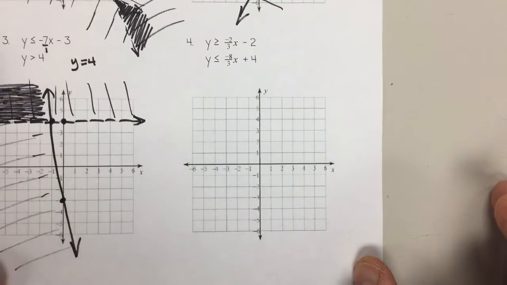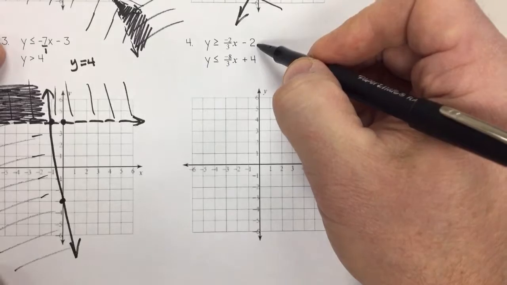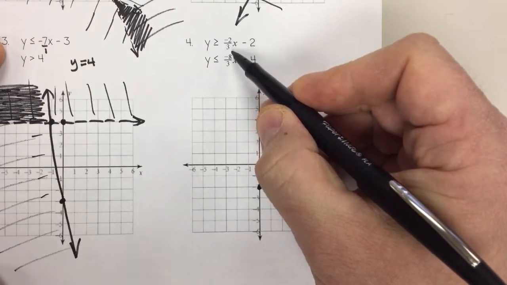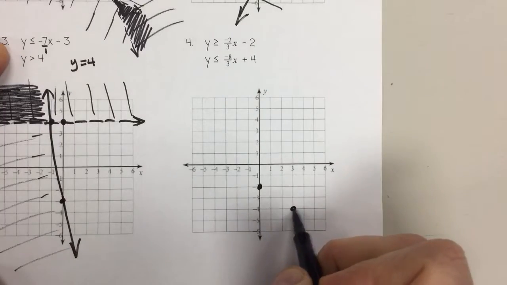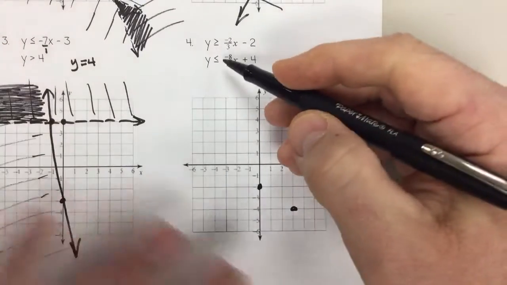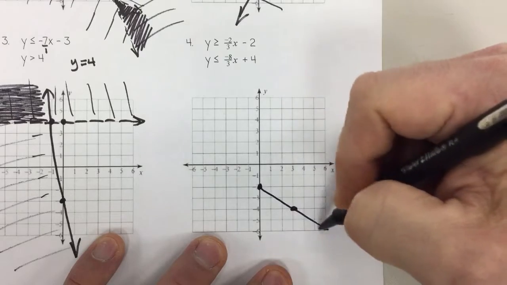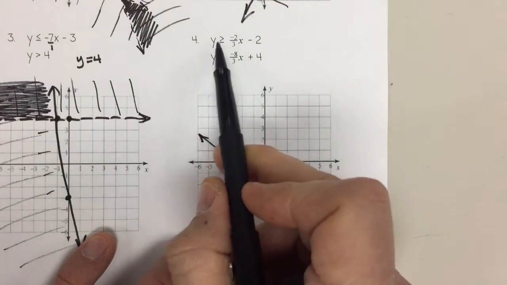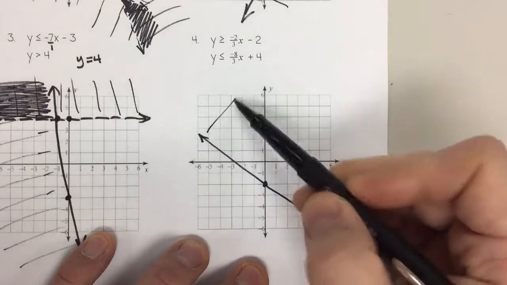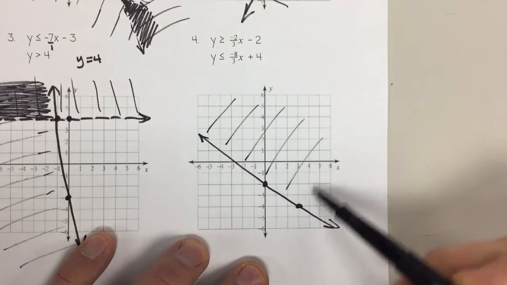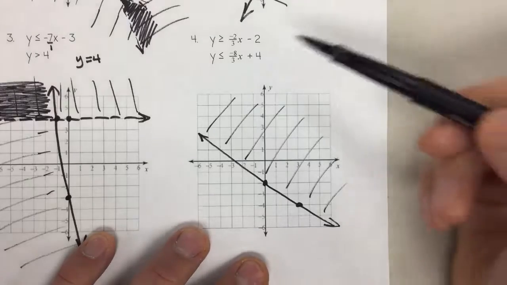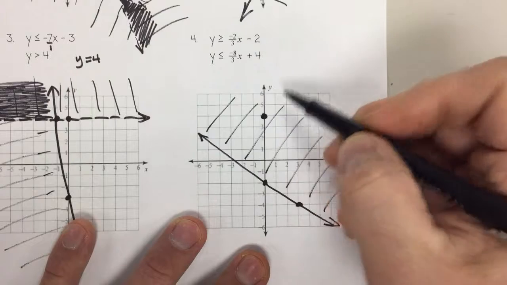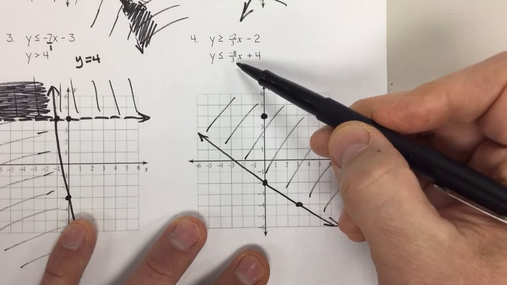Let's do one more example. Start at -2, and then we go down 2 over 3. There is an equal sign, so this is a solid line. It's y is greater than the line, so I will shade above lightly. For my second equation, it starts at 4, and I go down 8 over 3.